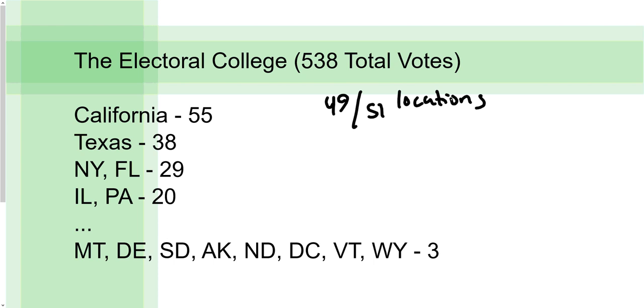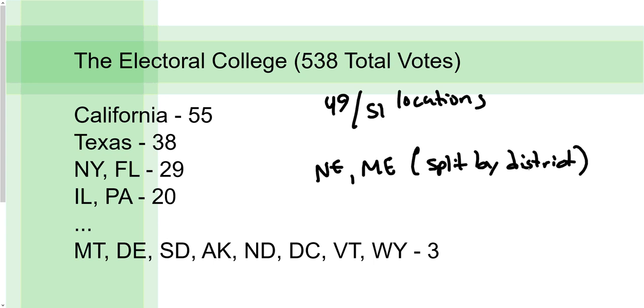The only states that do it differently are Nebraska and Maine, which split by district. I personally think everybody should do that, but that's not what we do right now. So 49 out of the 51 do that. Nebraska and Maine are the only ones that split by district.